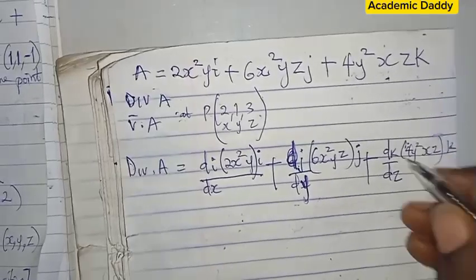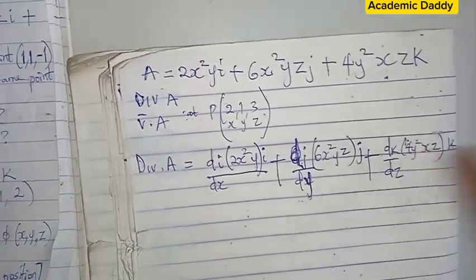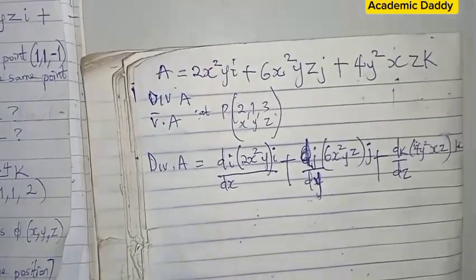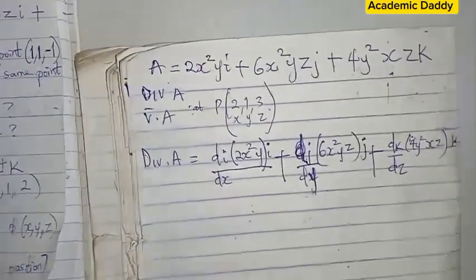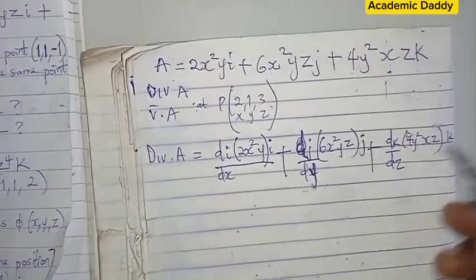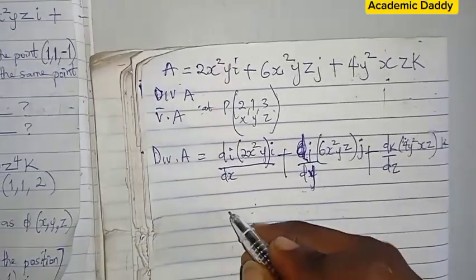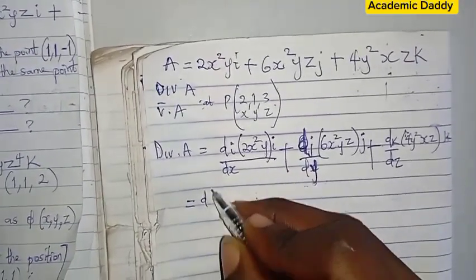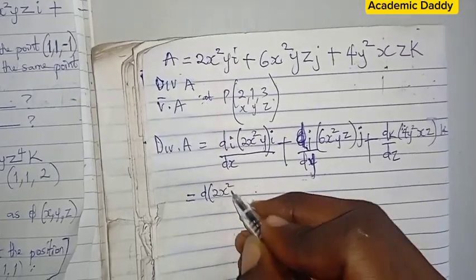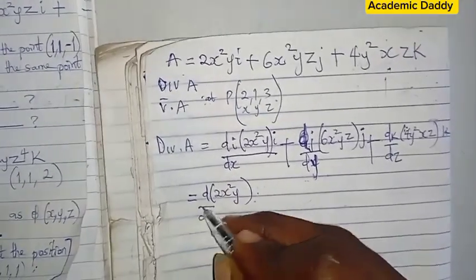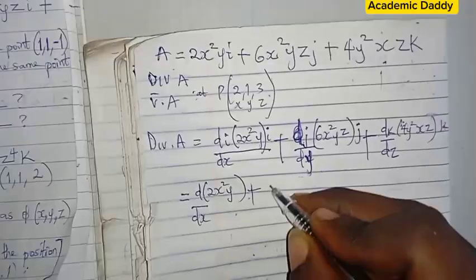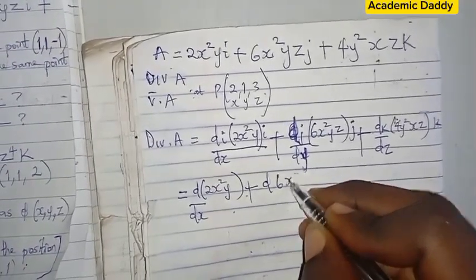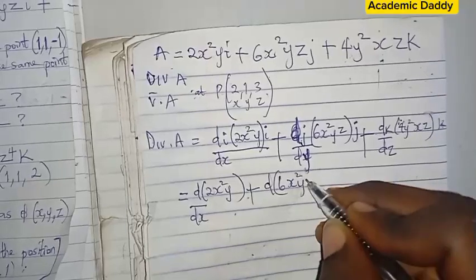Notice that k dot k, or k times k, once we are doing times, not cross, we are doing times the usual way. Know that what we are dealing with is dot. So k dot k, everything here will get out. You see that we are left with just d of 2x squared y with respect to x, plus d of 6x squared yz with respect to y.